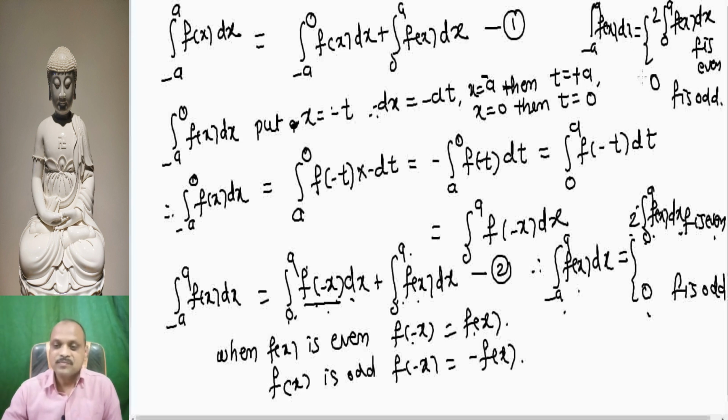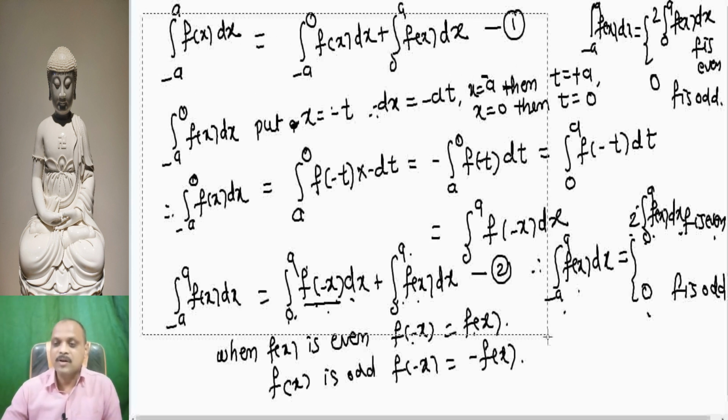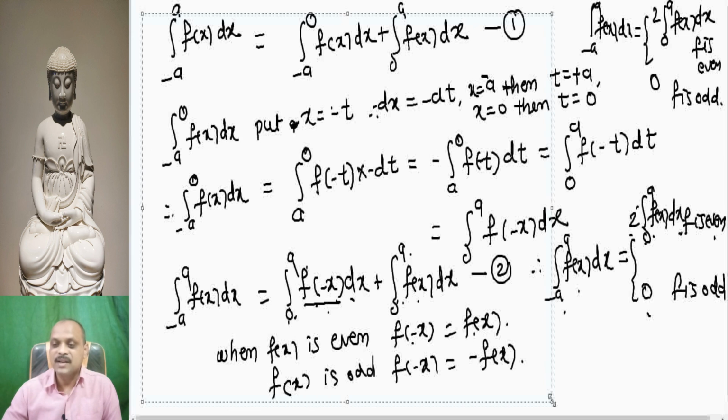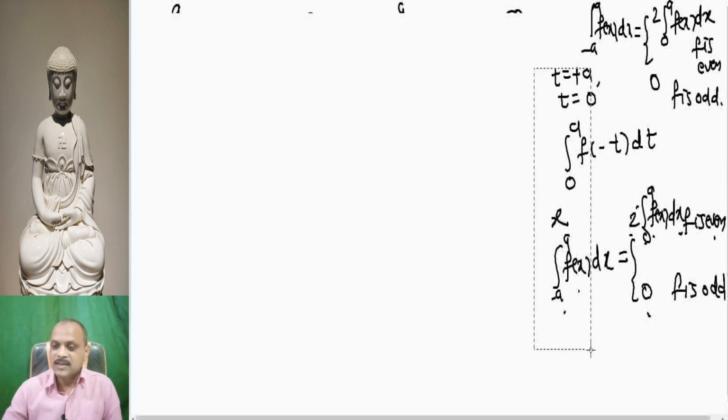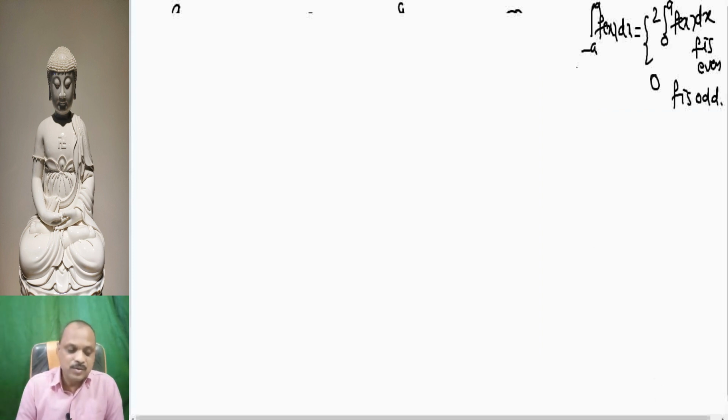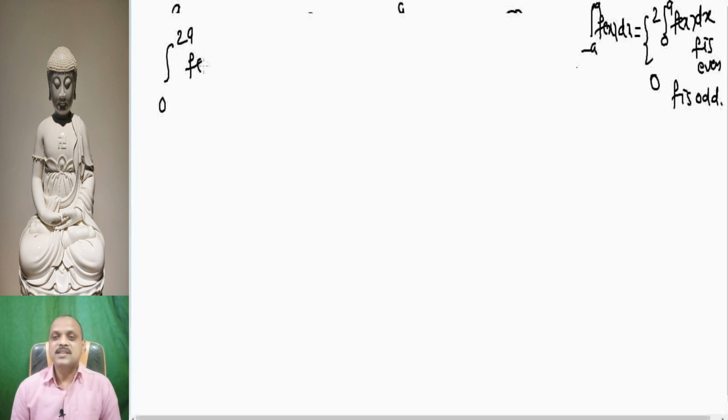Now we have another important property of this definite integral. Let us take integration 0 to 2a of f of x dx. Okay friend, we have just seen property 3.